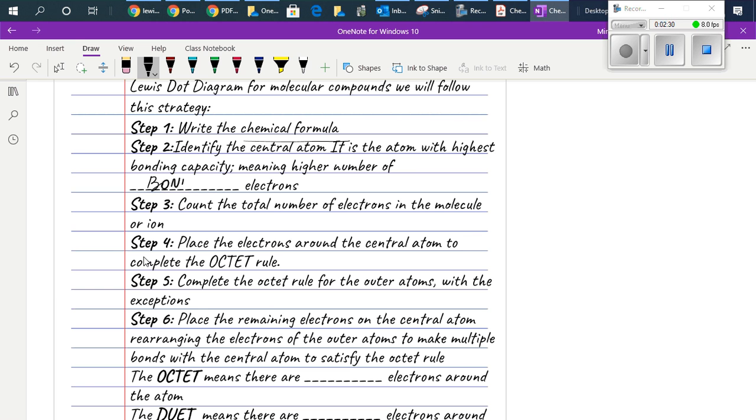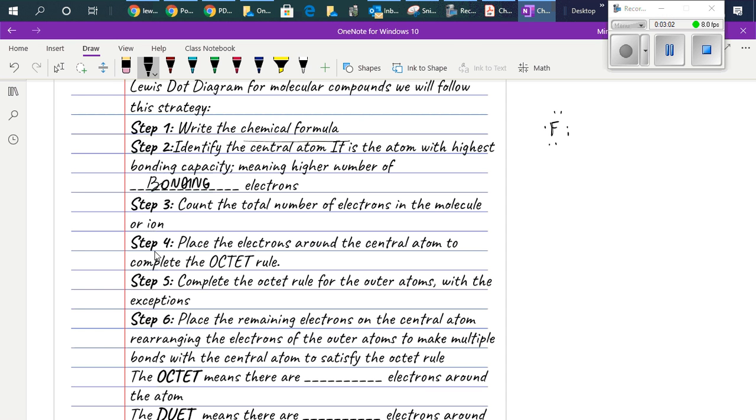Because as we said in the first lesson, the electrons that are single in an element, so let's say fluorine that has seven electrons in the outer shell, has a Lewis dot diagram like this.